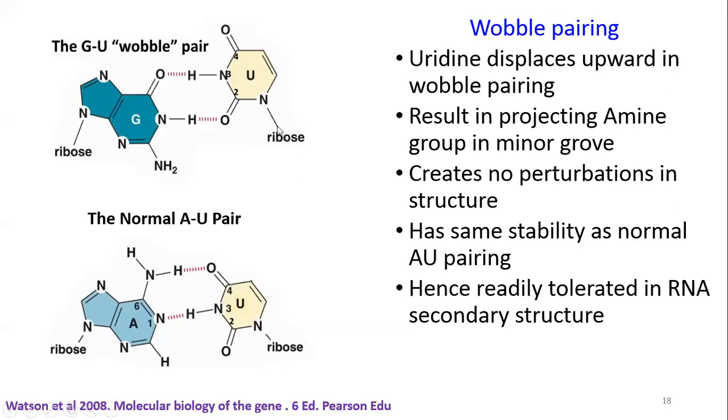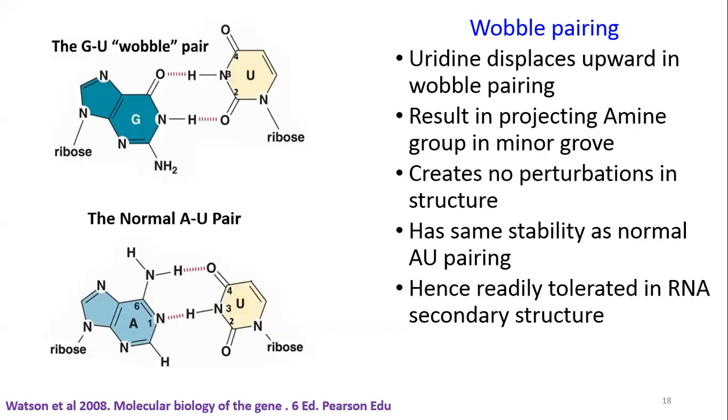It would be displaced in the upward direction, and eventually this would result in projecting the amine group into the minor groove. Although this amine group is now in the minor groove, it does not create any kind of disturbance or perturbation in structure, and therefore it has the same stability as the normal AU base pairing.